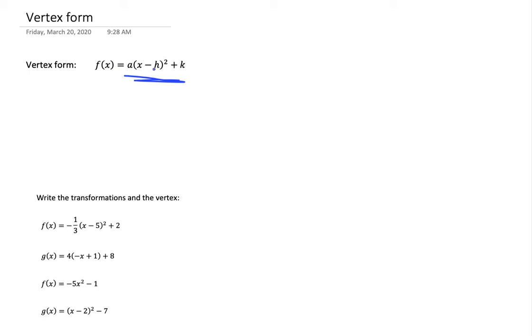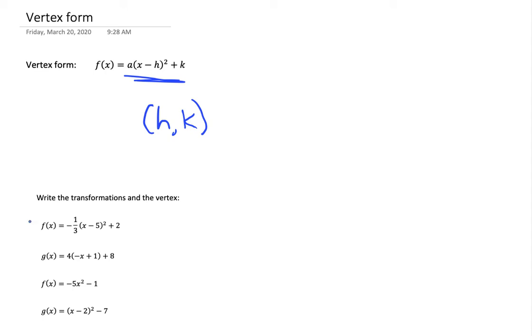This h in here is just identifying the left or right shift, and the k is the vertical, the up or down translation or shift. It's called the vertex form because it easily identifies the vertex. The vertex is actually (h, k). So whatever h is, it goes directly here, and k right here.